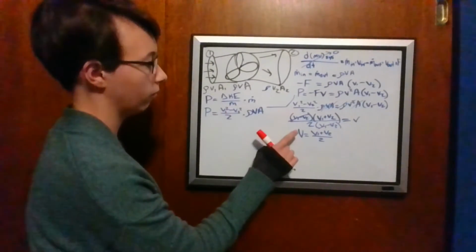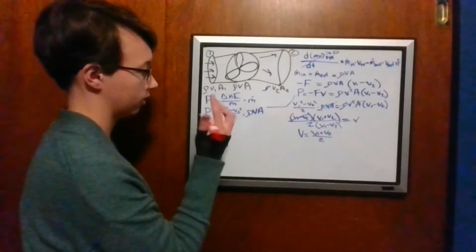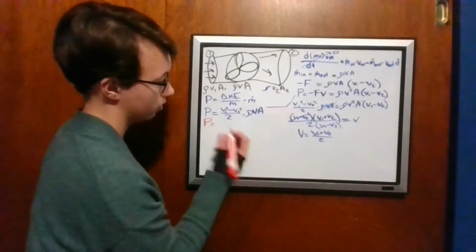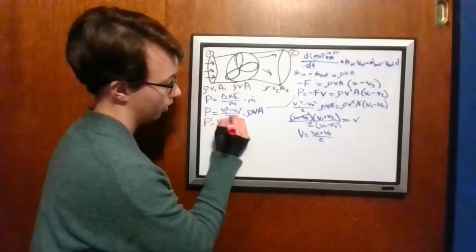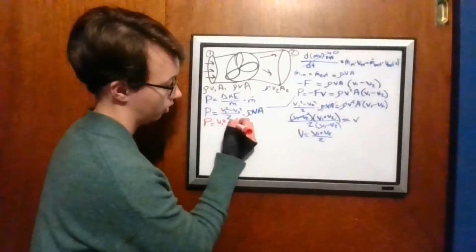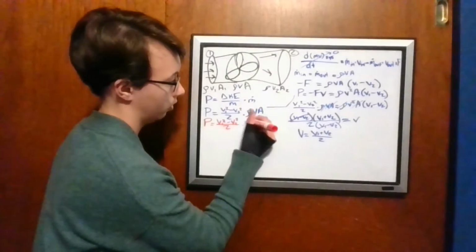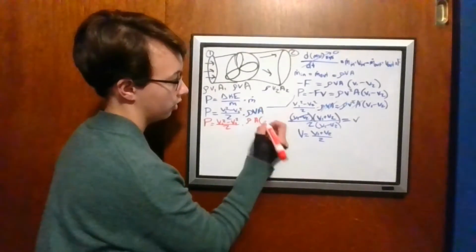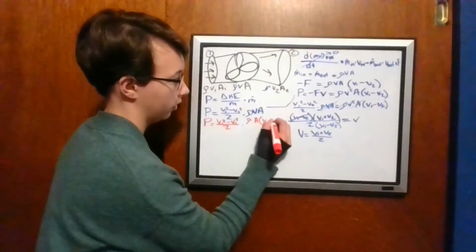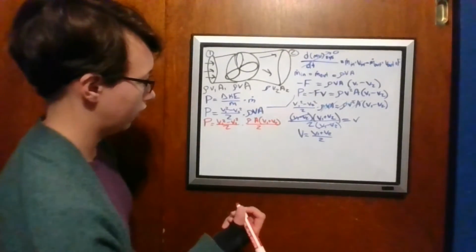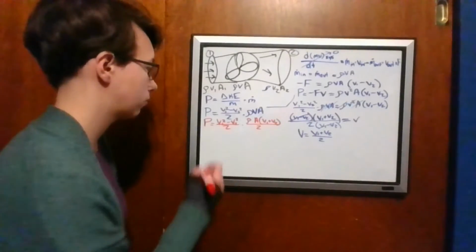So I'm going to plug this velocity back into this equation. So we're going to have that power is equal to V1 squared minus V2 squared over 2 times rho times A times V1 plus V2 over 2.